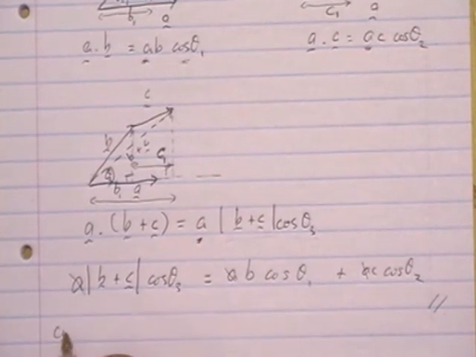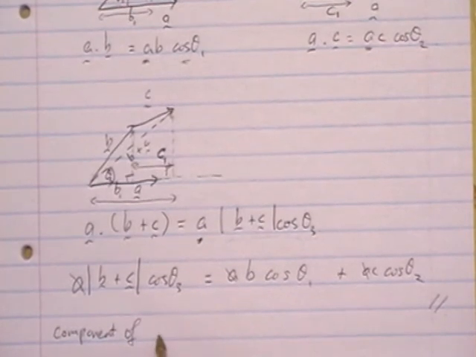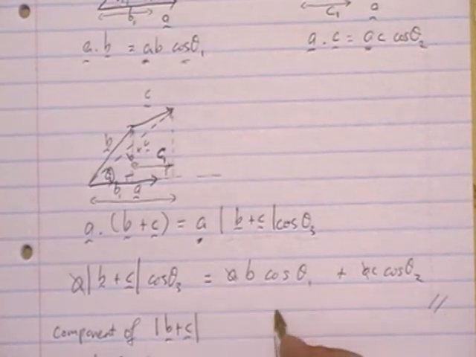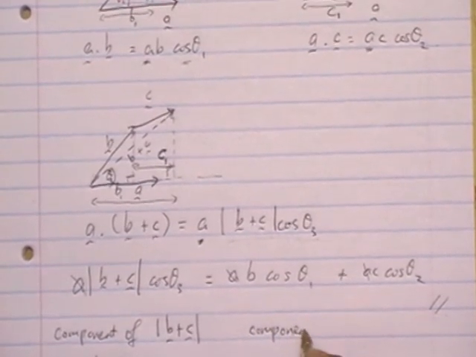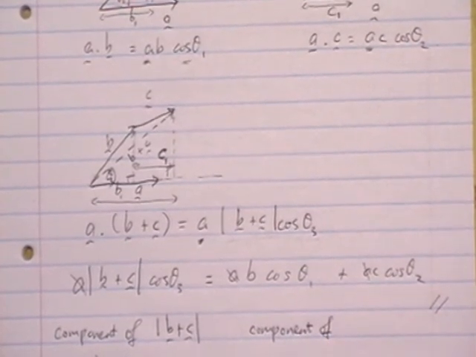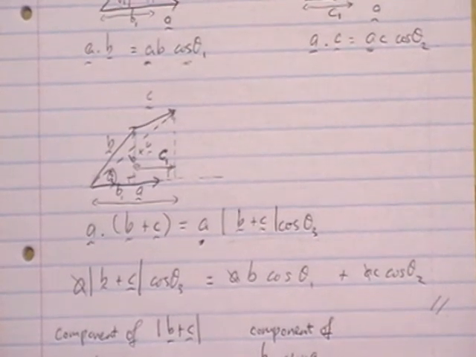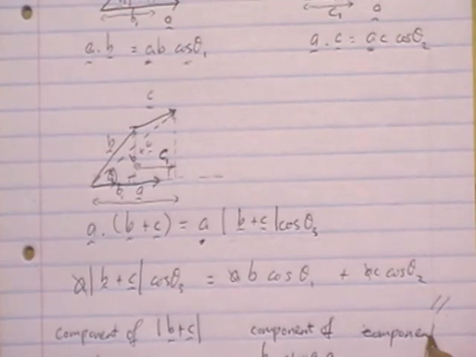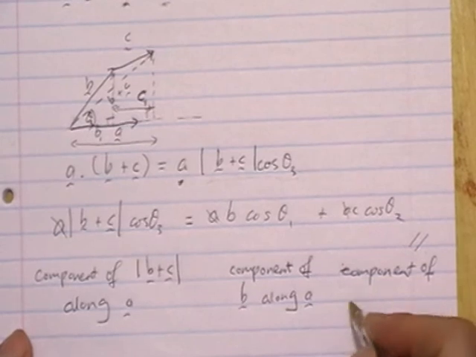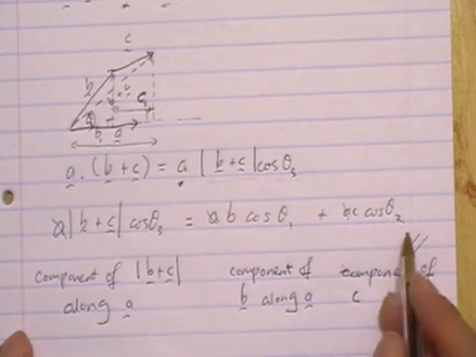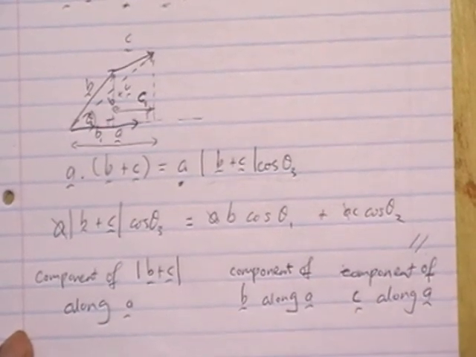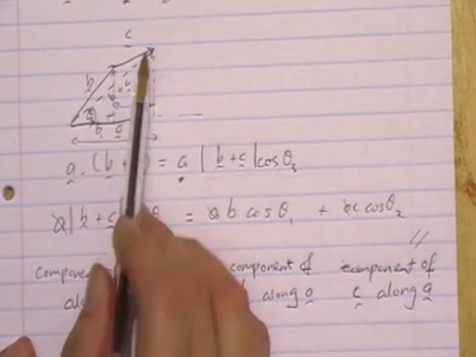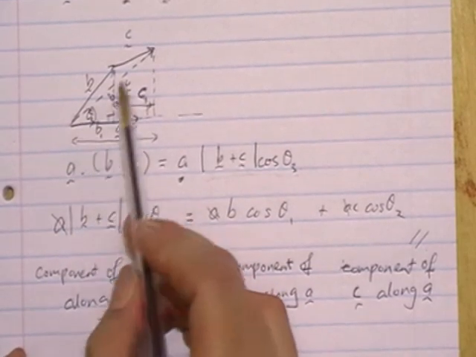This is the component of B plus C along the vector A. That is the component of B along A, and this is the component of C along A. Okay, so this is the component of B along A, that's the component of C along A, and this is the component of B plus C along A.